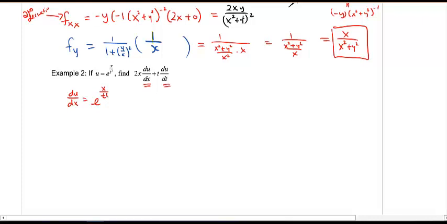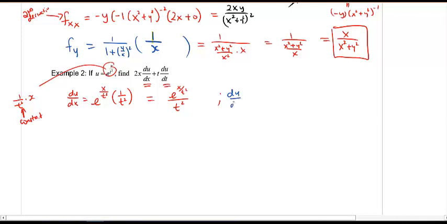But this time, think about it: x is my variable, so it's like me saying 1 over t squared times x. Here's my constant. x is my variable, so I'm going to multiply by 1 over t squared. If you want to simplify, you just get e to the x over t squared, over t squared. Cool?